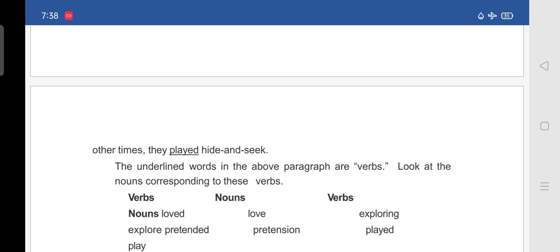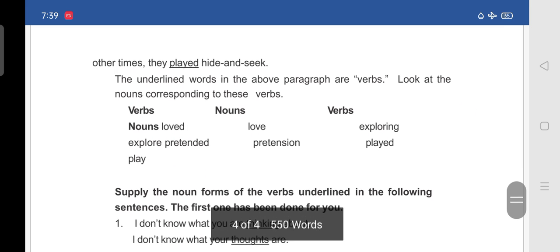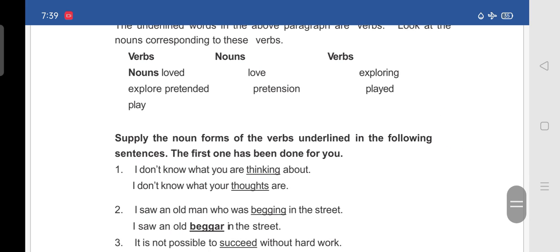The underlined words in the above paragraph are verbs. Look at the nouns corresponding to these words. See here, verbs, nouns. Loved, love.